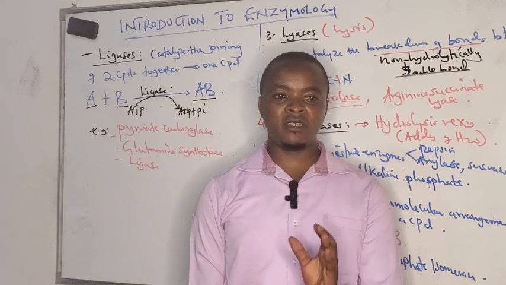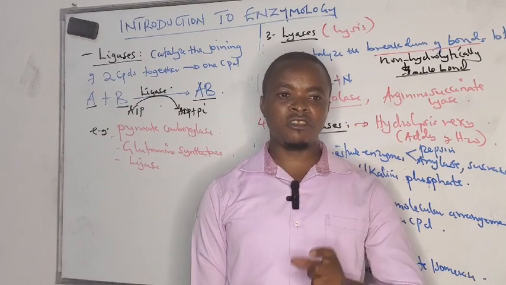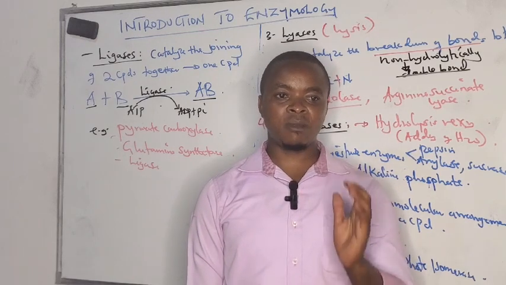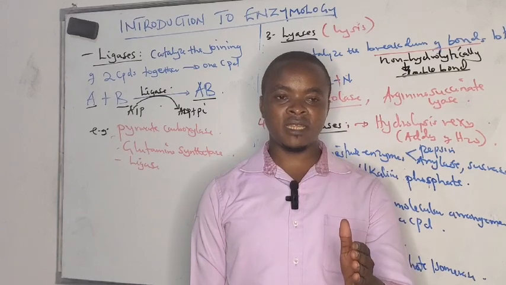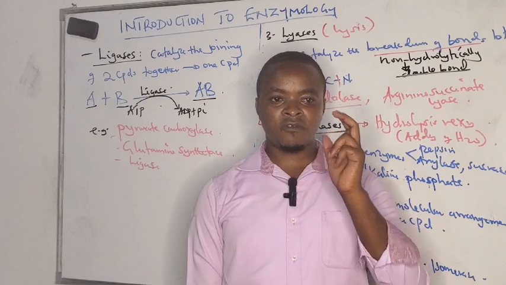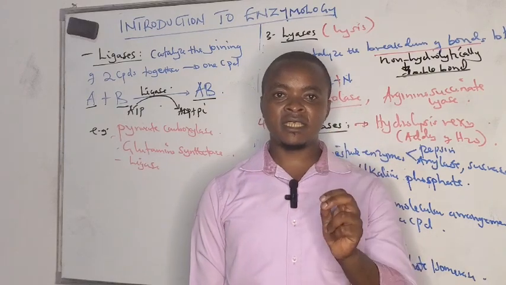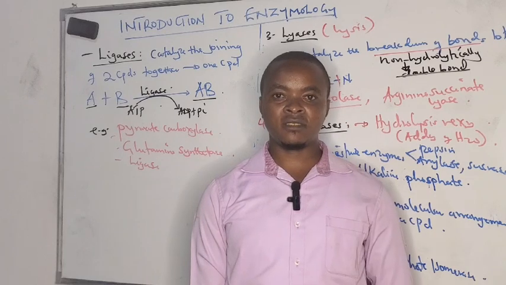Then we looked at the 6 classes of enzymes according to the International Union of Biochemistry, where we use the mnemonic O3, whereby O stands for Oxidoreductases, T for Transferases, H for Hydrolases, L for Lyases, I for Isomerases, and another L for Ligases.